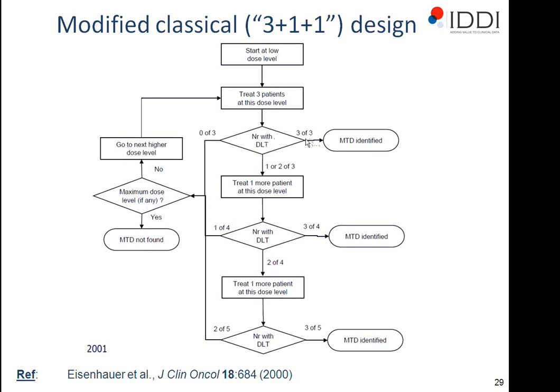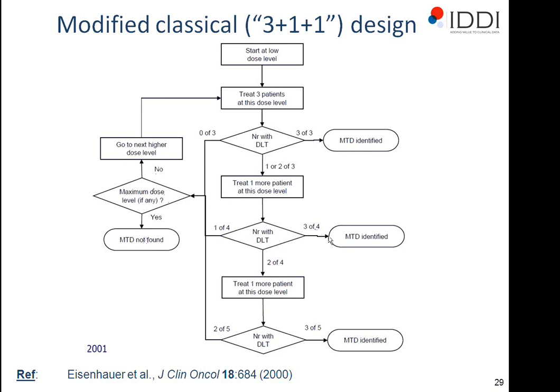On the other hand, if you saw 3 out of 3, then you say, okay, I stop because I identified my MTD. If you see 1 or 2 toxicities out of these 3 patients, you add 1 more patient. And again, if you see 1 out of 4 in total, then you increase, or if you are at the maximum dose, you stop.